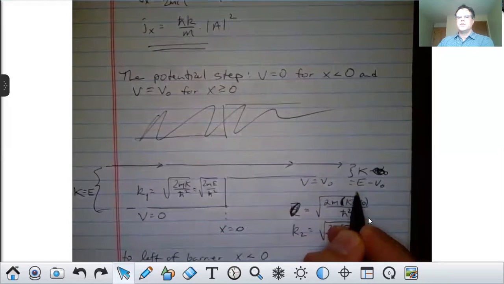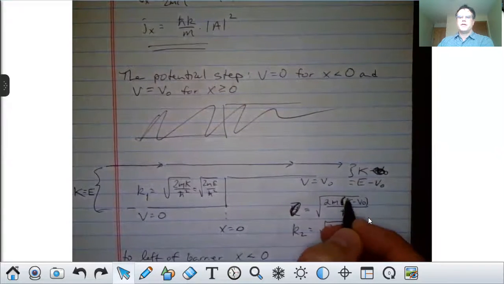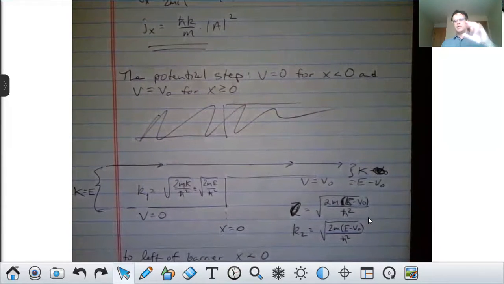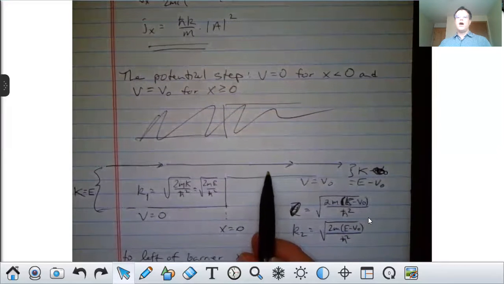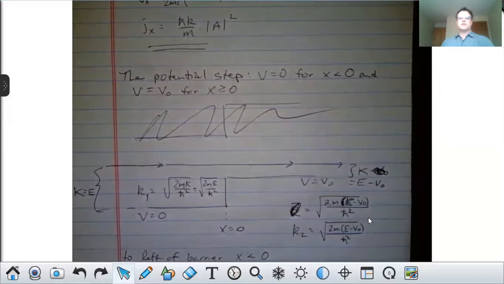Kinetic energy is equal to the initial kinetic energy minus V0, and I really should write this as E. So what I end up with is a wave vector in this second region, k2, equal to the square root of 2m(E minus V0) over h bar squared. So the total energy remains the same. It's still kinetic plus potential. But what's happened is the kinetic energy has dropped in this second region because now there's some potential energy there. So we've got two different wave vectors.